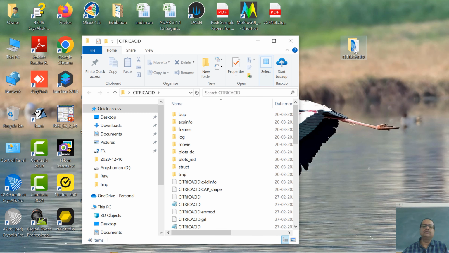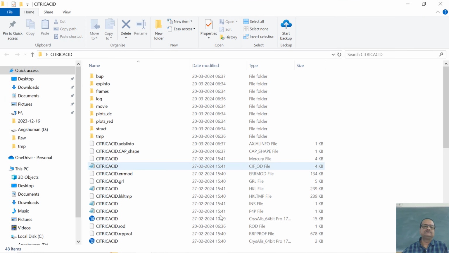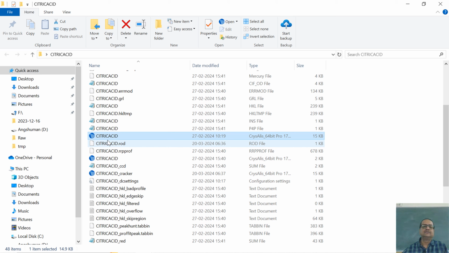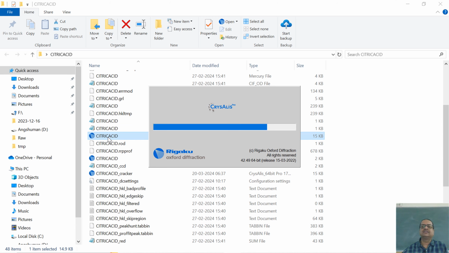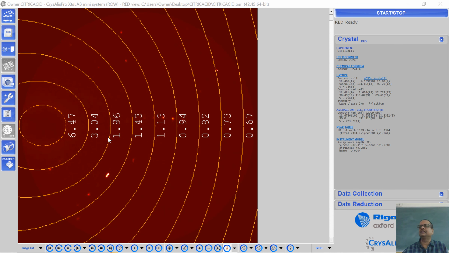One need not go and click on that. What one can do is go to the data and identify this file which says CrysAlisPro parameter file, 15 KB. There are such files of smaller size here, and this is a cracker file which we should not use. We should use this file, and as soon as you double click after installation of the software, it will open the data.